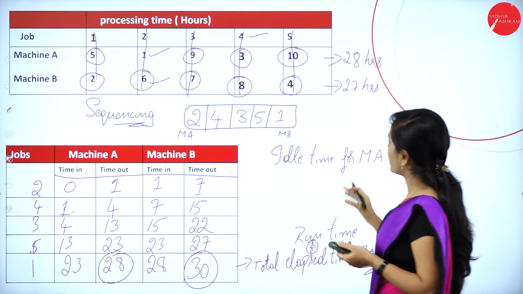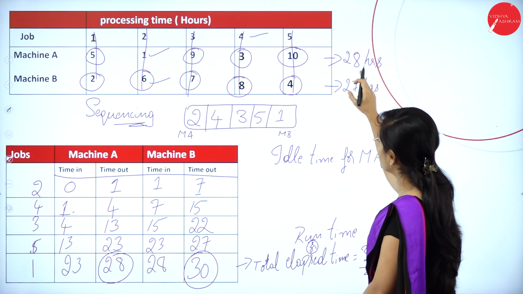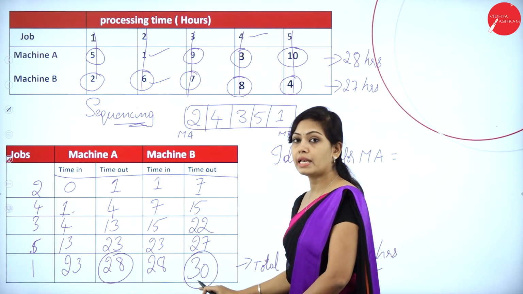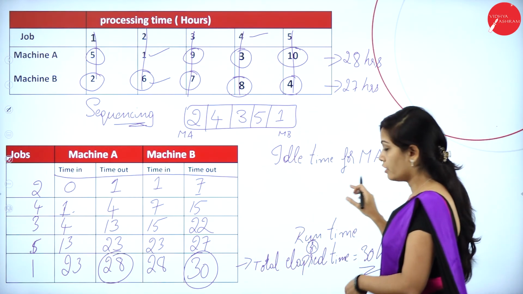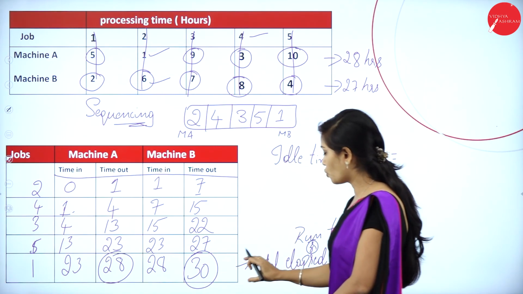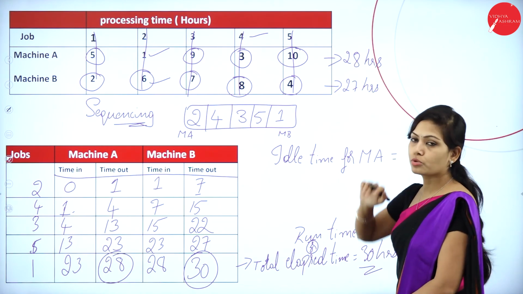So now we can find the idle time easily. Idle time for machine A. So first you just consider the total elapsed time. For finding the idle time for machine A, we have to use this elapsed time. You just use this total run time and subtract the processing time.